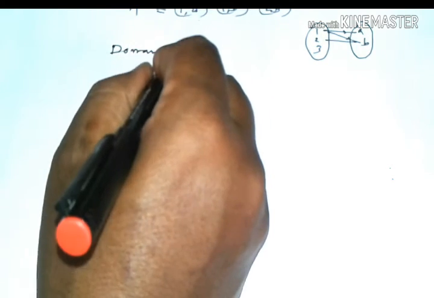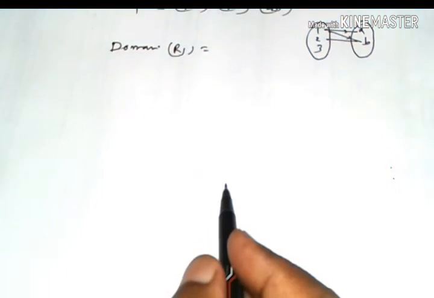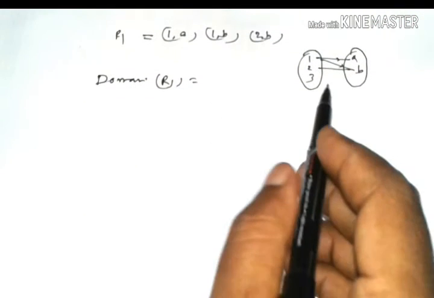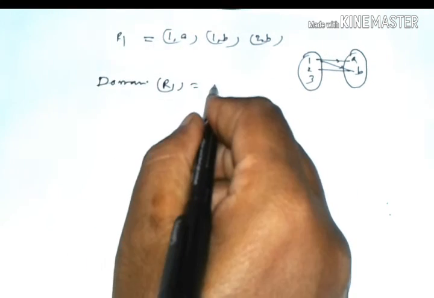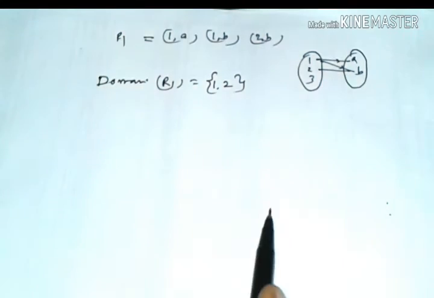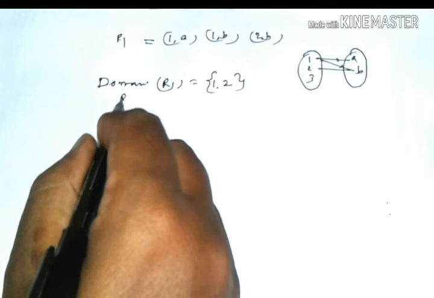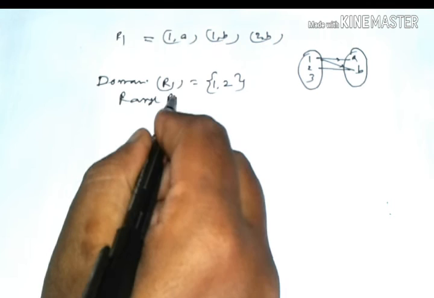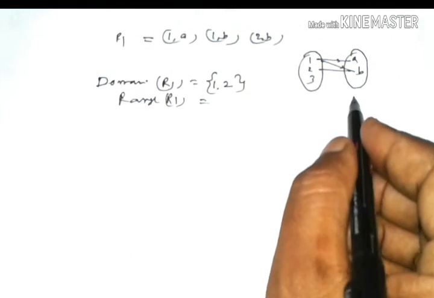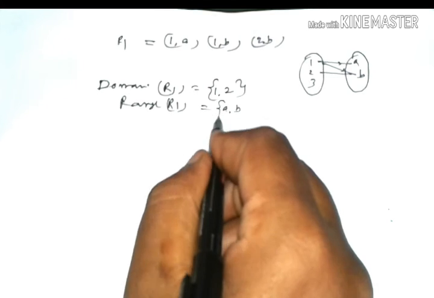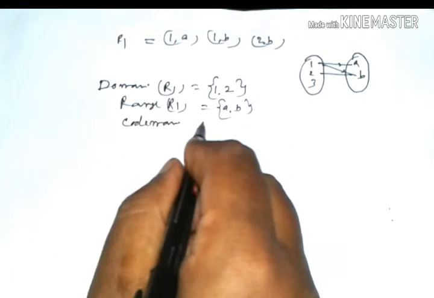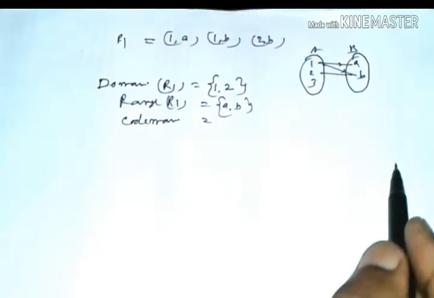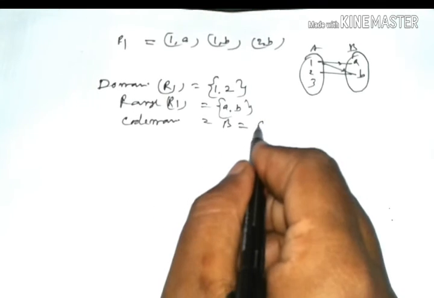Here, domain of R1. What is domain? The domain is the first component of the ordered pair. First component 1, 2, that is, 1, 2 is the domain, and the range of R1, range is the second component, that is a, b. Codomain is the full set B. This is A and this is B, therefore the full set B is a, b.